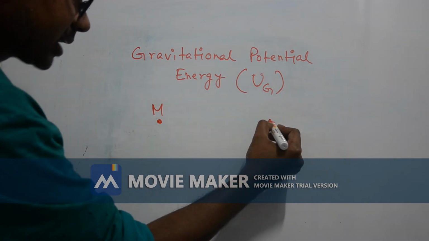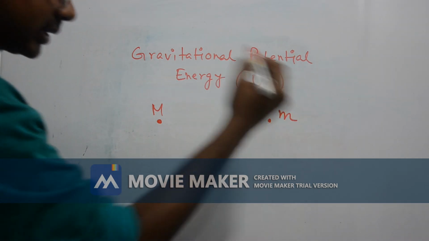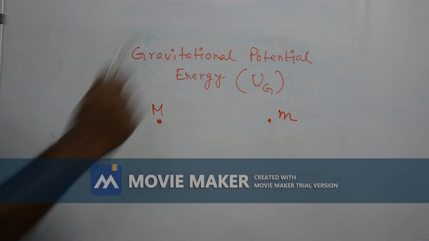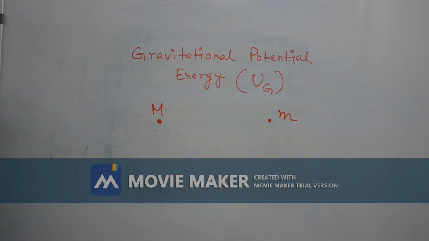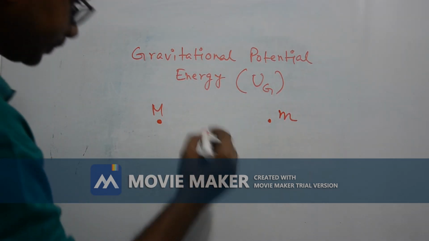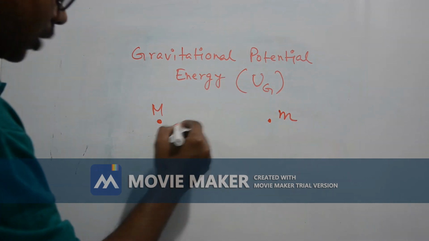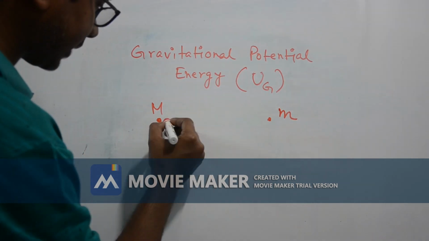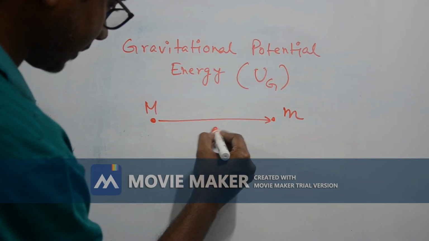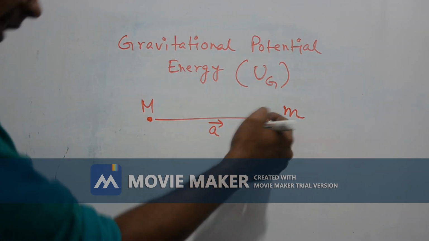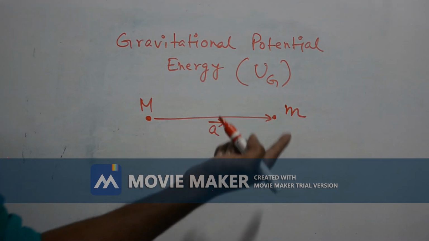Now a test mass has been kept in front of that, and it's experiencing a force of attraction. Say it is situated at a particular point, for example the position A, and it's experiencing the force of gravitation.